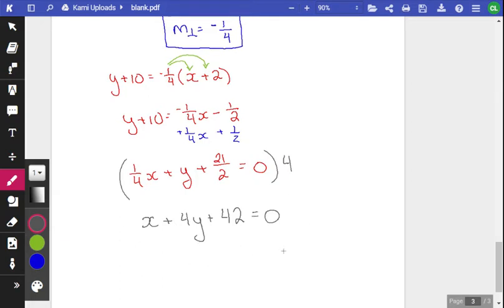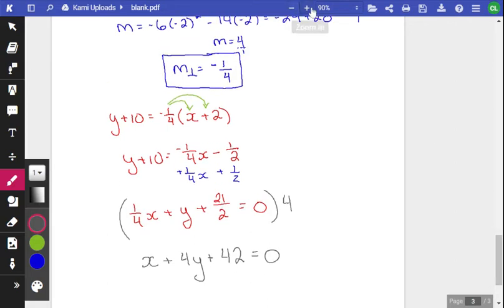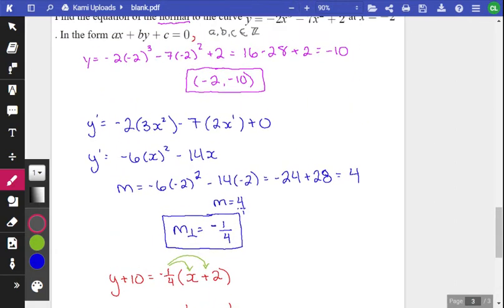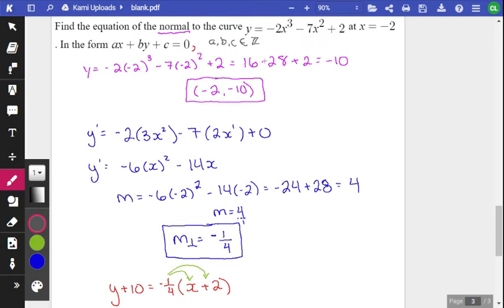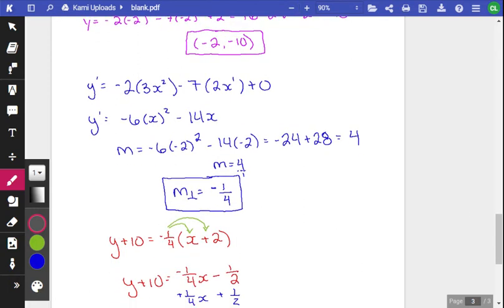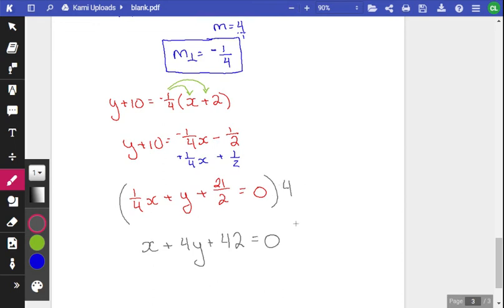So this is how you would write that same thing if it wanted you to use integers. So if you ever see this added part that A, B, and C need to belong to integers, you need to do that added step that I have here in gray, where you have to get rid of those fractions. And there we have it, the equation of the normal.